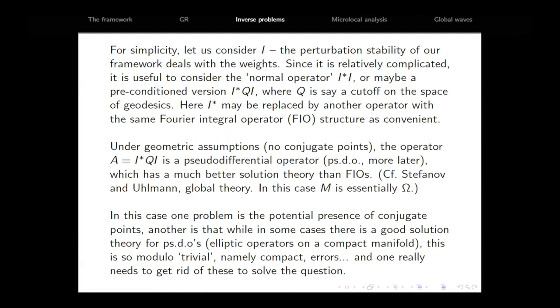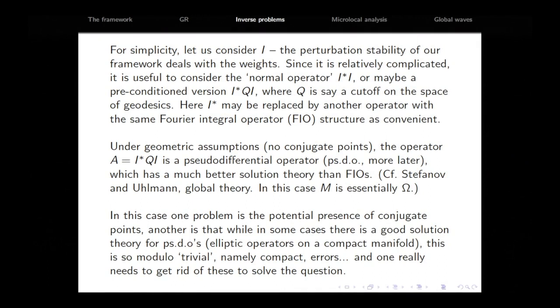It could be more complicated. The star is with respect to some sort of inner product, but that's not really relevant. For this, you want to use the same phase space structure. All right, so anyway, under some geometric assumptions, so no conjugate points, this operator is a pseudodifferential operator, more later, which has much better solution theory than Fourier integral operators.